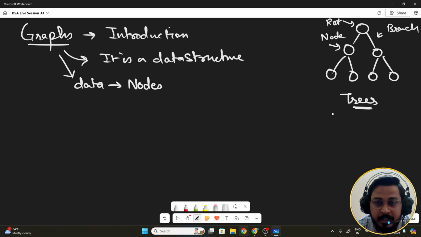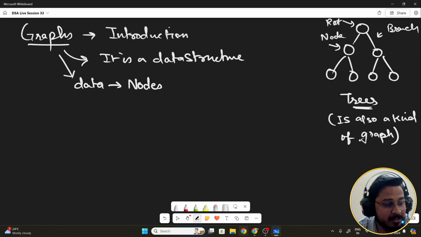Now, a tree is also a kind of graph only. Do you know this? All the data structures which we have done before are some or the other type of graph only. Linked list is also a type of graph.